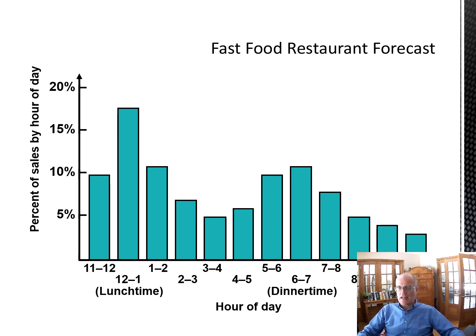So this is demand in a fast food restaurant, and you can see that if we just forecasted demand during the day, we would lose the fact that we have this cyclicality, or almost seasonality, in demand. In this particular restaurant, we have almost 20% of demand between 12 and 1 o'clock. Then in the afternoon, it's quiet.